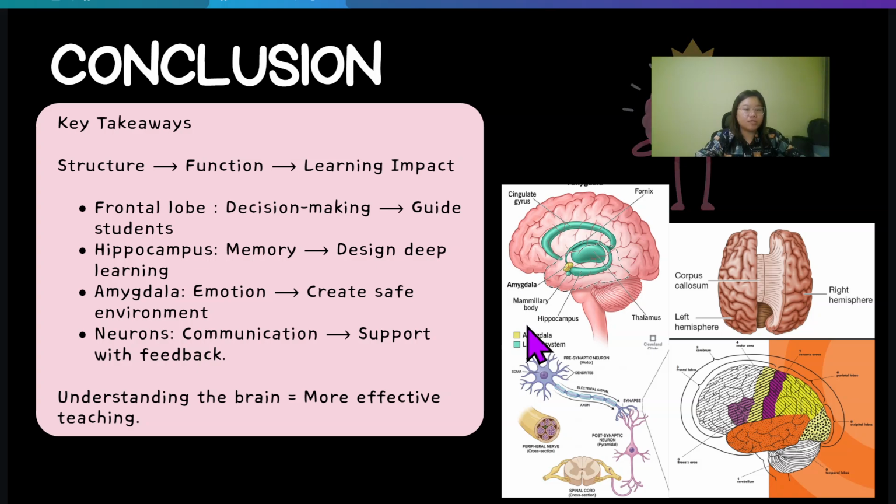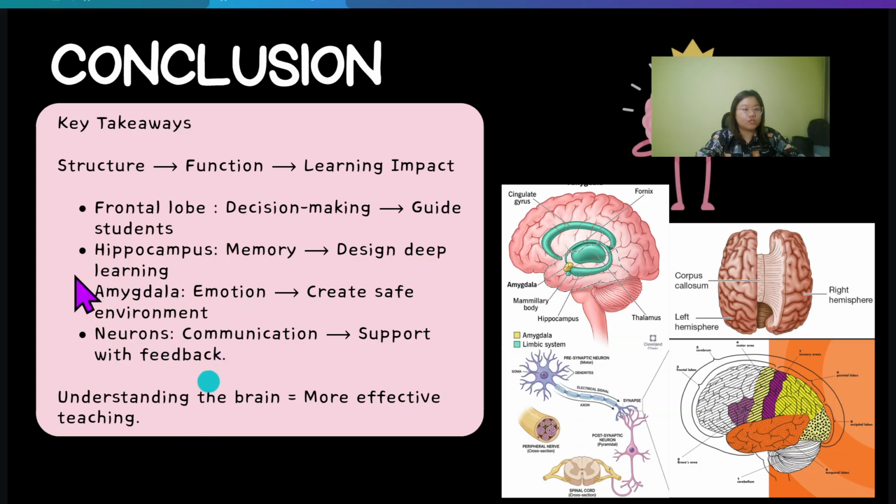The hippocampus handles memory and deep learning, so we need to give our students time and repetition. The amygdala processes our emotions, and a safe classroom helps students stay calm and focused.